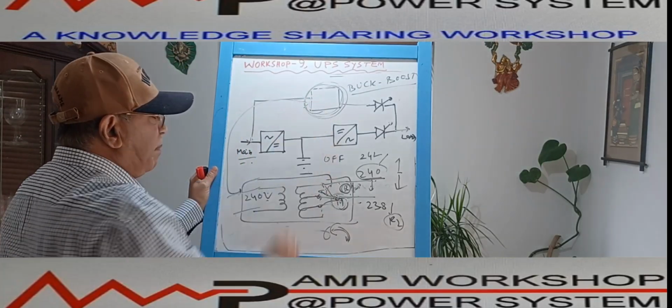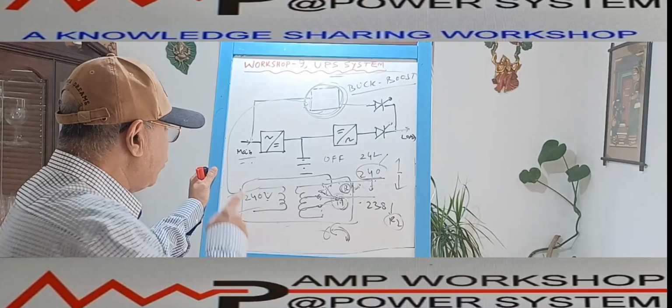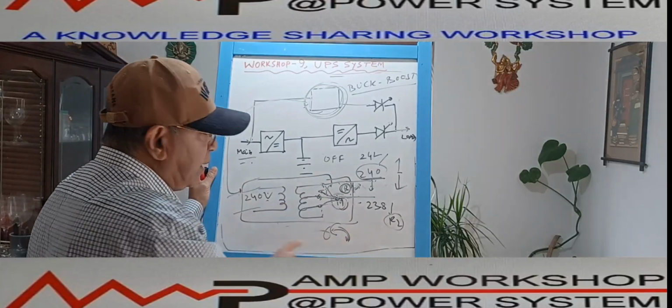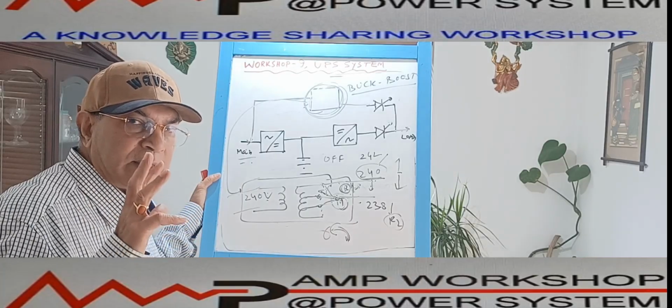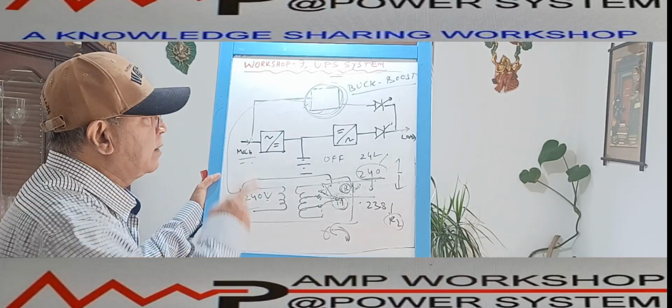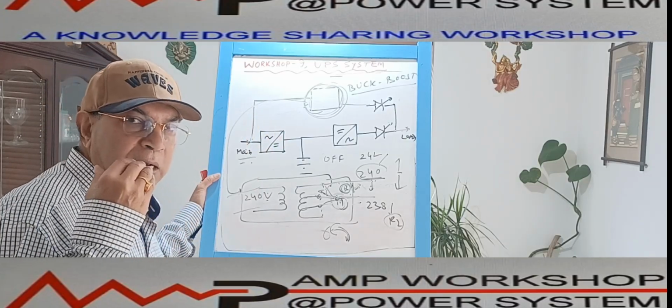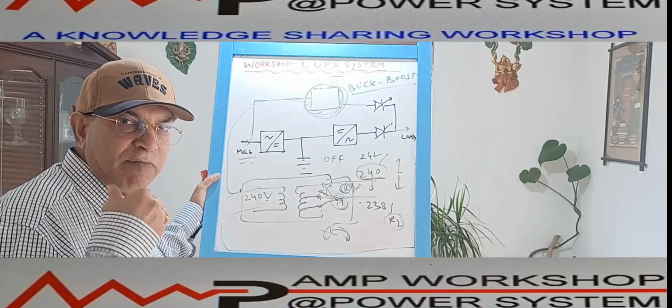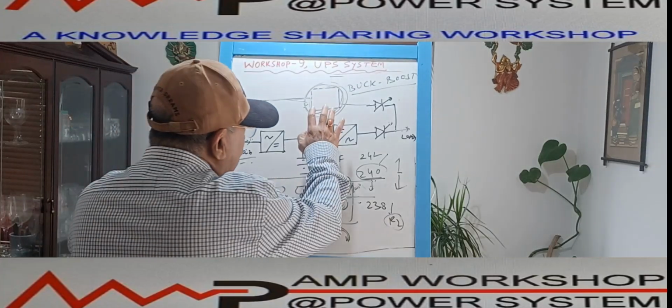But here you have to keep in mind, this will not reduce the harmonics in the main line, because it is only changing the voltage but not the harmonics. That means the quality of the power is corrected from one sense, that is the voltage point of view. But if we want to purify the input voltage from the harmonics point of view, it will not work out.